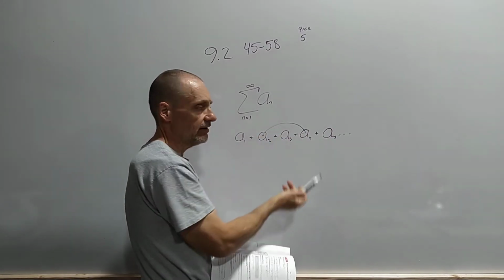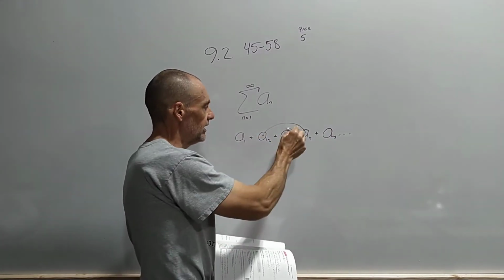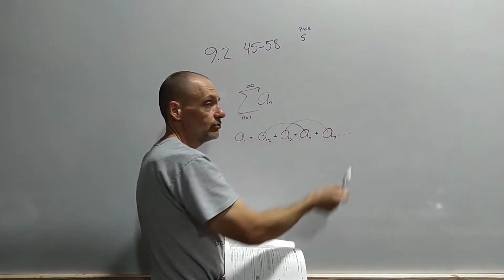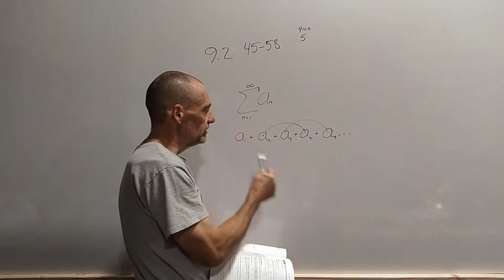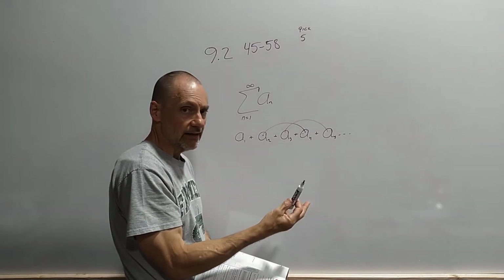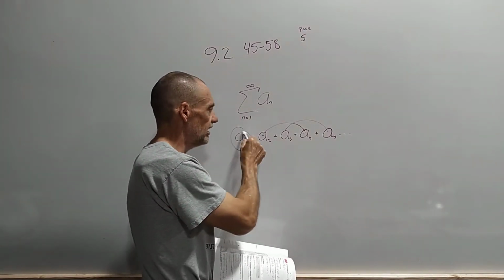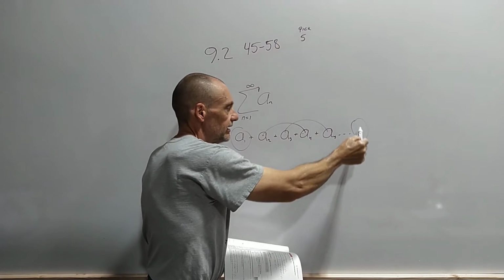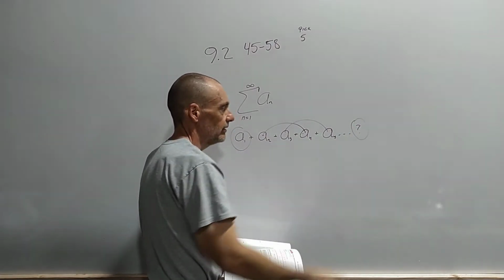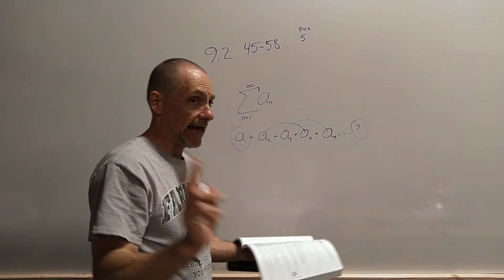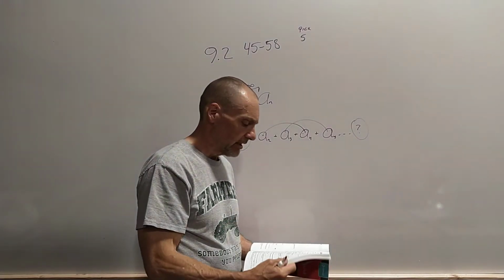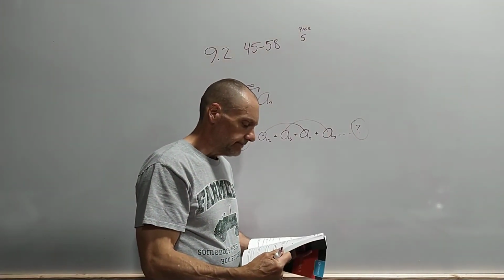One's positive, one's negative, and their value's equal, so they're gone. And then these two will subtract, and then these two will subtract, and so on and so on. So this is what's called a telescoping series. So you end up with some kind of terms left over. That last term, it's an infinite series, right? But go ahead and read about that.